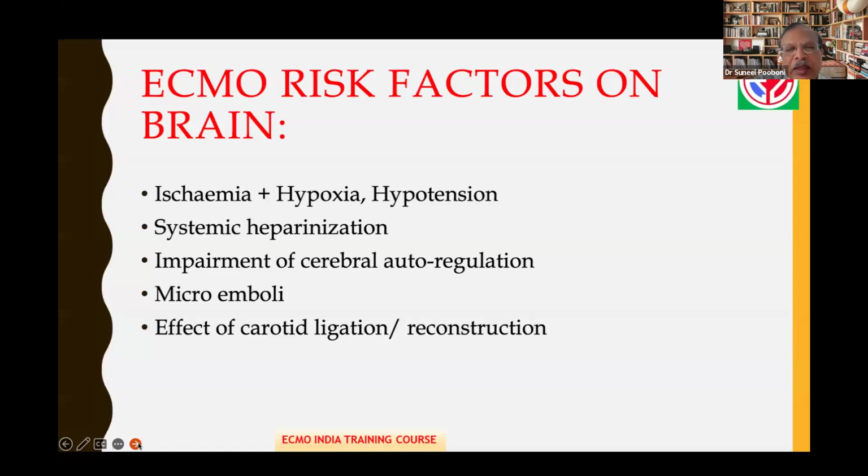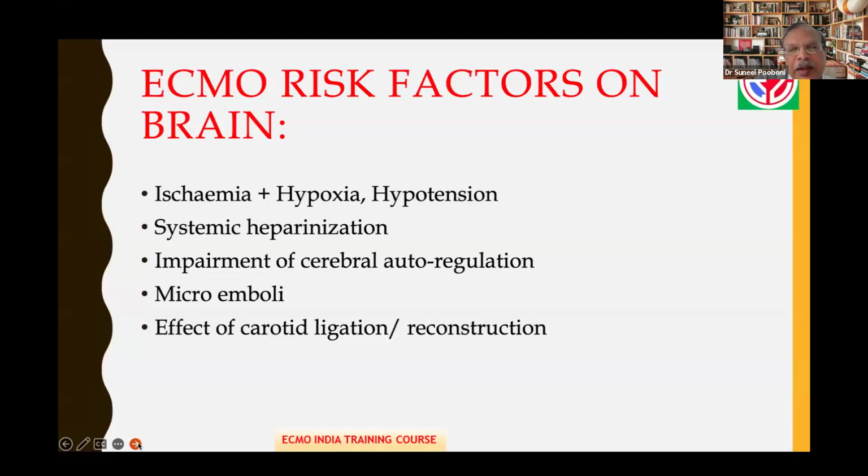But one has to be very careful about aneurysm formation in the post ECMO follow-up phase for months to years together to make sure the reconstruction has settled very well.